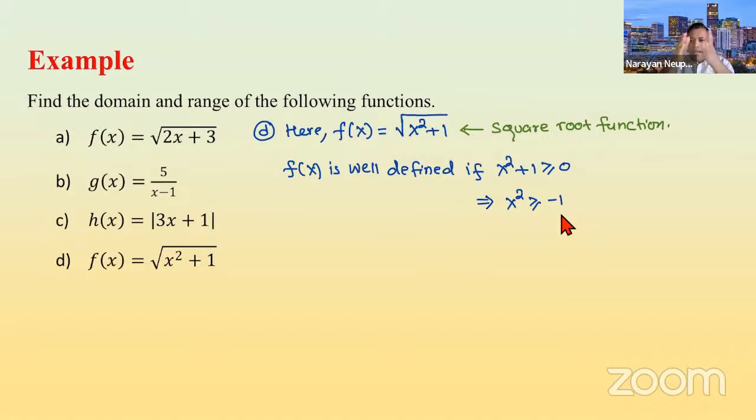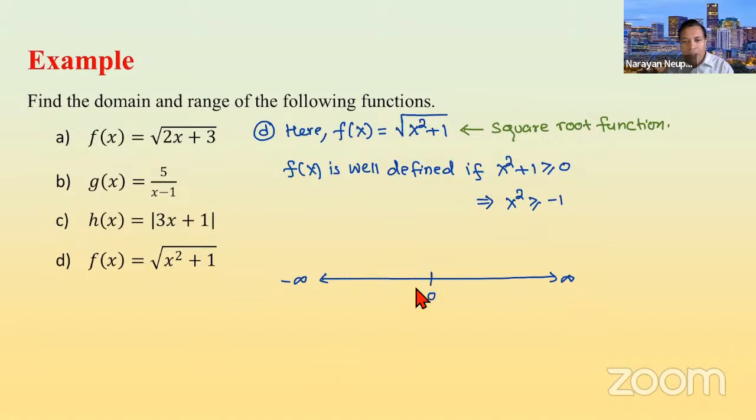Now, if you think of any number on the number line, from negative infinity up to infinity, let me also draw that here, a little bit below. You have 0 in the middle, like that.